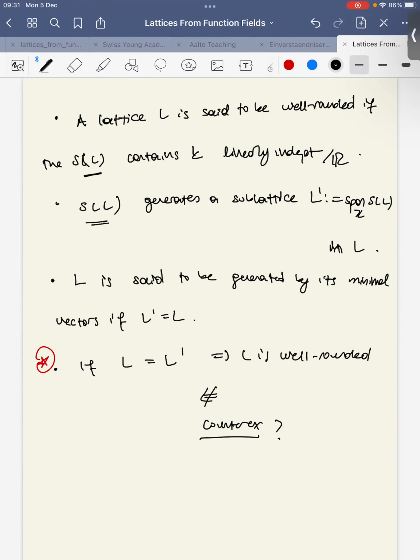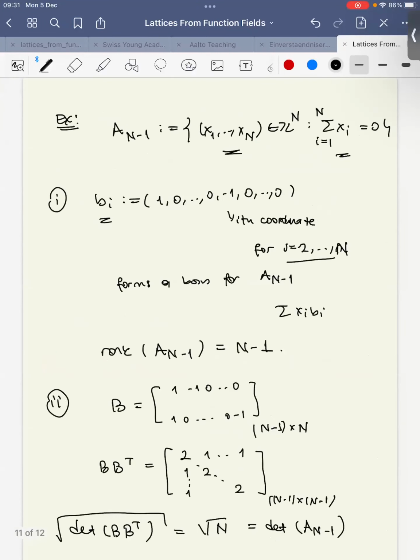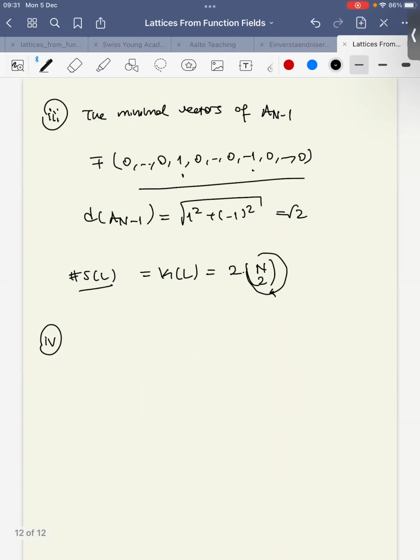If S(L) contains k linearly independent vectors over R, we say that this is well-rounded. But as we have seen, these b_i form a basis for the lattice structure, and the length of these vectors is square root of 2. So this is exactly equal to the minimum distance of our lattice.